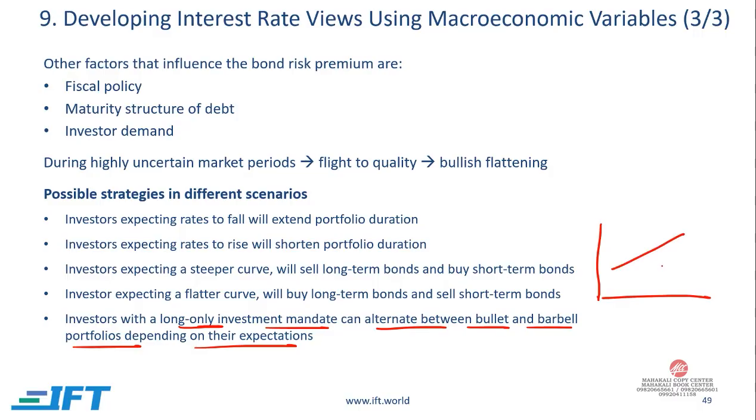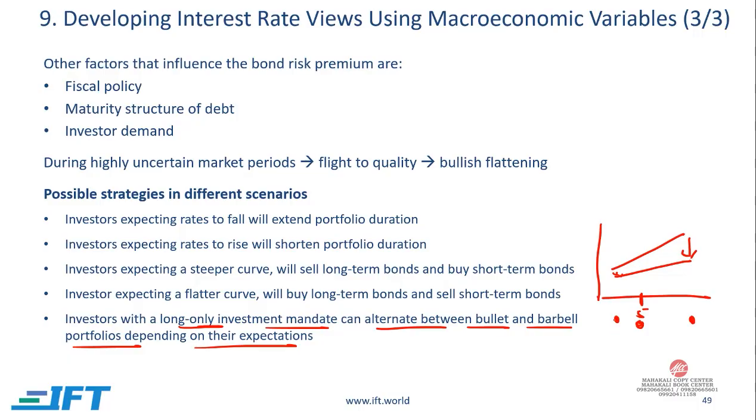So the yield curve looks like this, and the investor is expecting a bullish flattening, which means he expects long-term rates to come down more, short-term rates to go down a little. And let's say the investor currently has a bullet portfolio, at, let's say, a 5-year maturity. Now, if the investor shifts from a bullet to a barbell, has weightage at either end of the maturity spectrum.